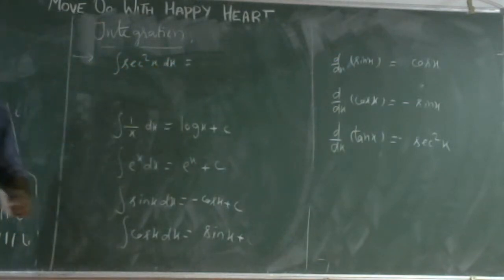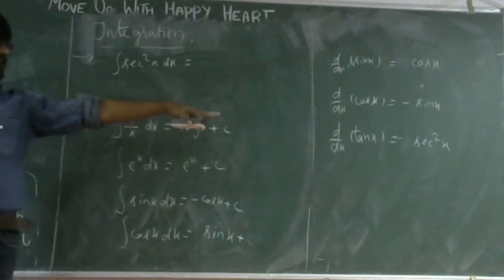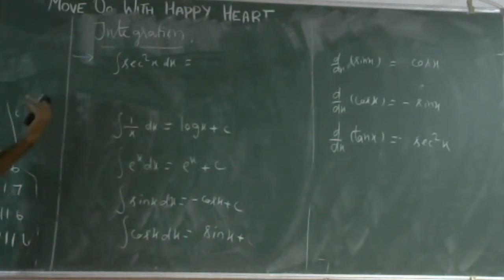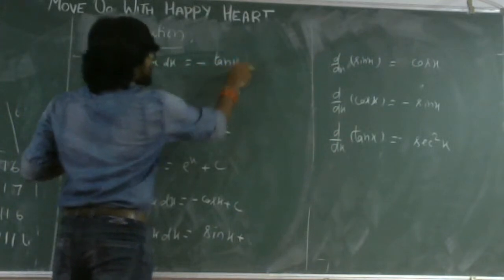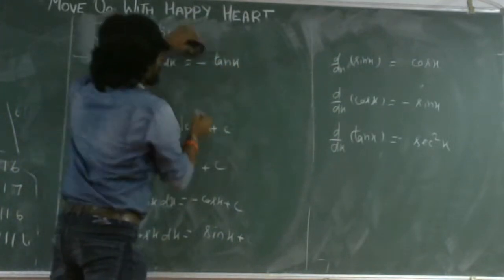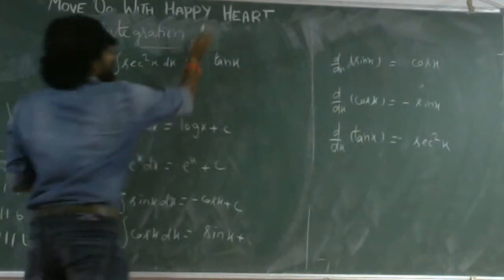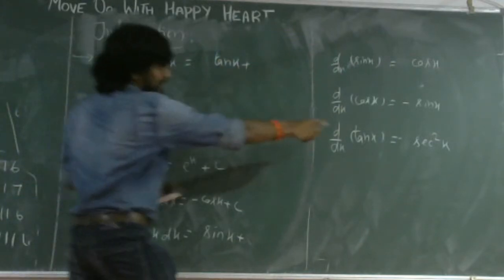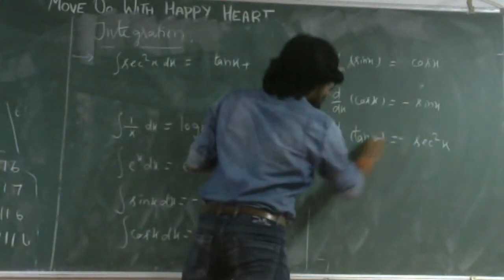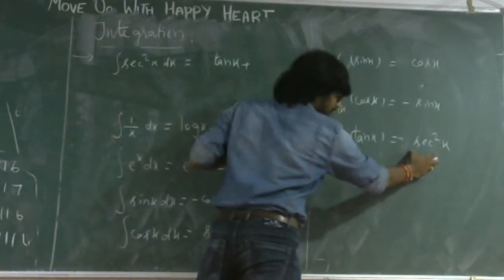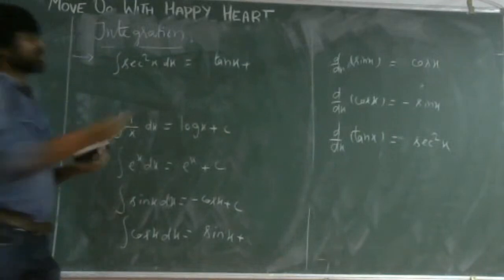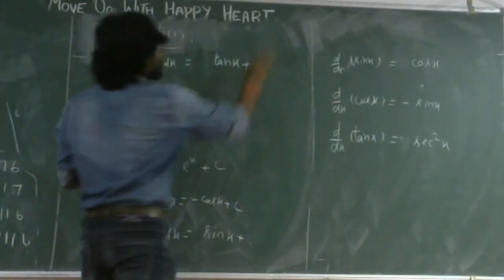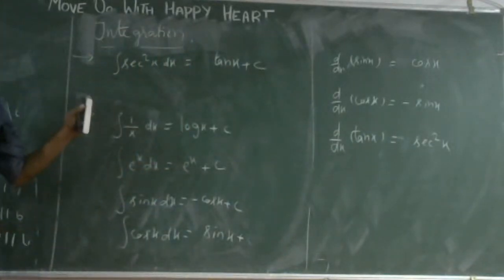Minus tan x? Why minus? Is there any minus? Tan x only, right? Plus only. Plus tan x. It is the reverse process. Differentiation of tan is secant square x, so integration of secant square is plus tan x. No need to give the sign. So tan x. Got it?